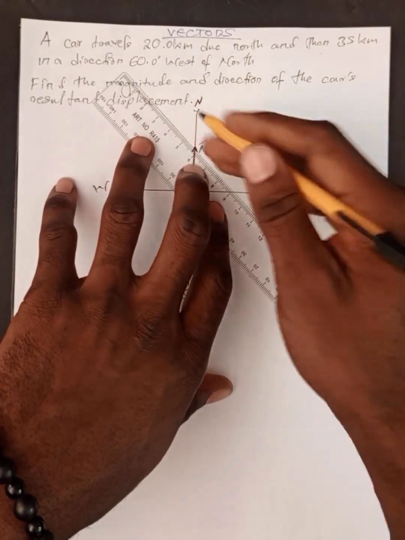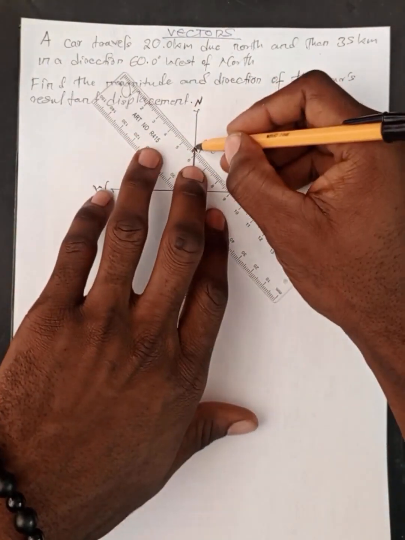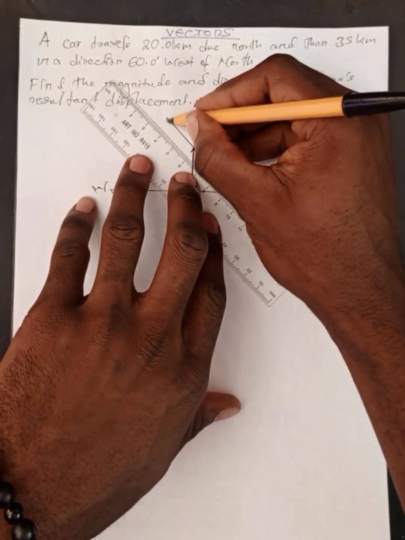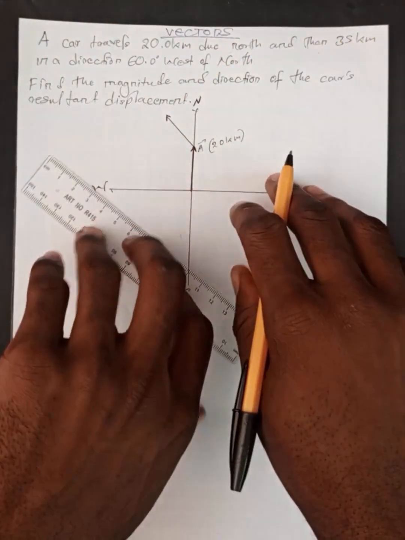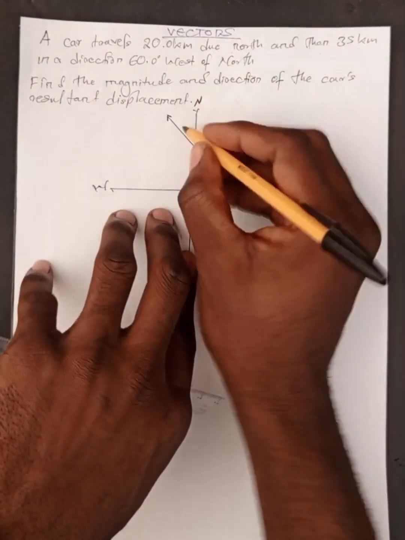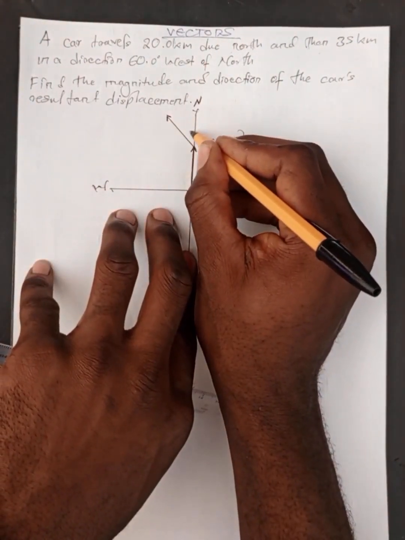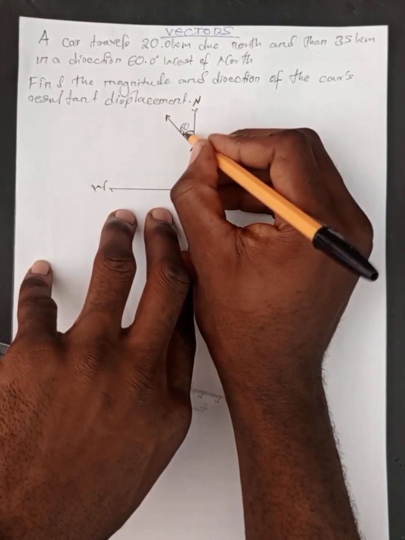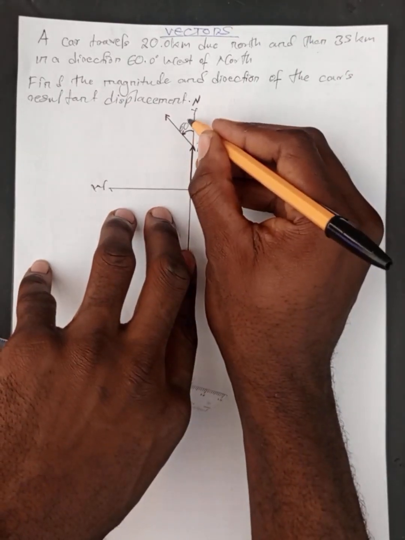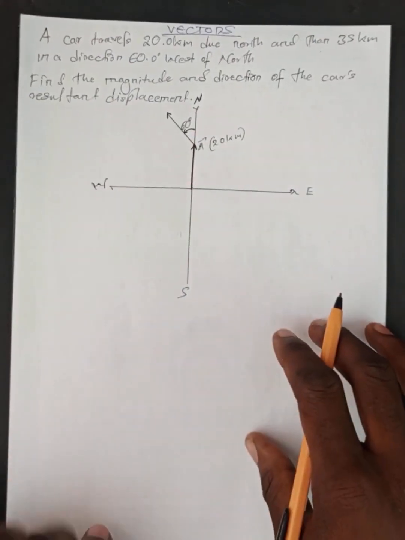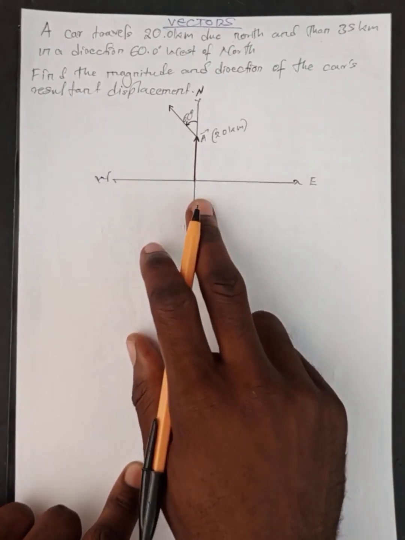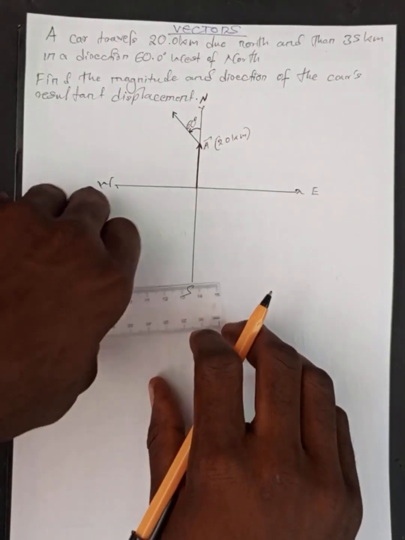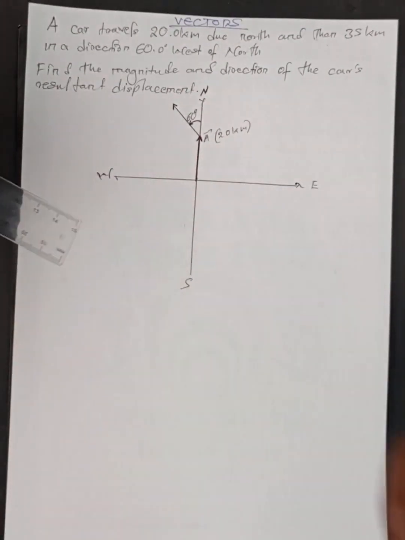It started moving towards the west of north, so we continue from here, in a direction of 60 degrees. This is how you show your information. Then after that you can start calculating your resultant, magnitude and direction.